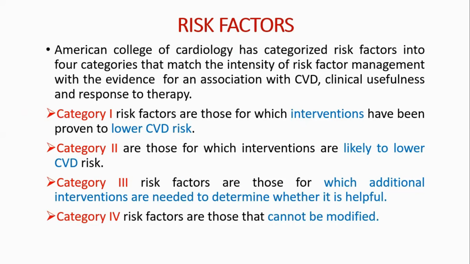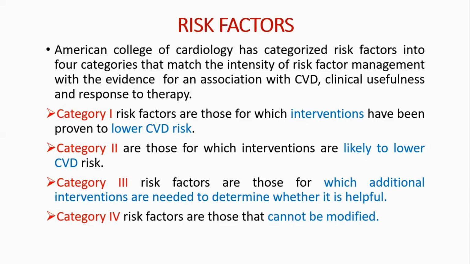American College of Cardiology has classified cardiovascular risk factors into 4 categories. This classification helps in matching the intensity of risk factor management with the strength of scientific evidence. Category 1 risk factors are those where interventions have been clearly proven to reduce cardiovascular disease risk.